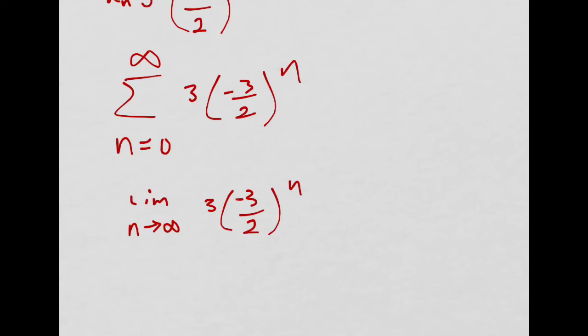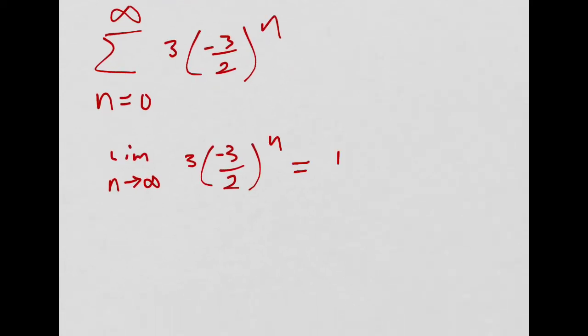If we have n being positive, then this becomes a positive number, and it grows. It just because this is bigger than 1. If it was smaller than 1, it would shrink. And then if n is odd, then this would be a negative number. So it oscillates.